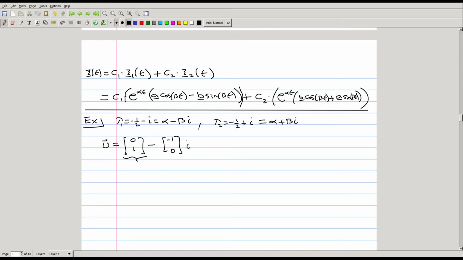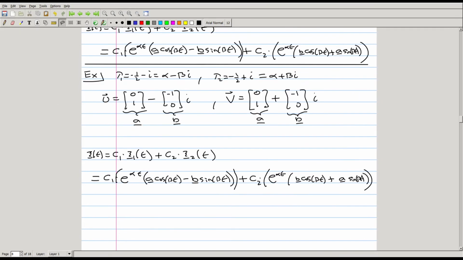So this is our a vector, and this is our b. And the eigenvector corresponding to lambda 2 was the vector 0, 1 plus the vector negative 1, 0 times i. Again, this is a, and this is b.